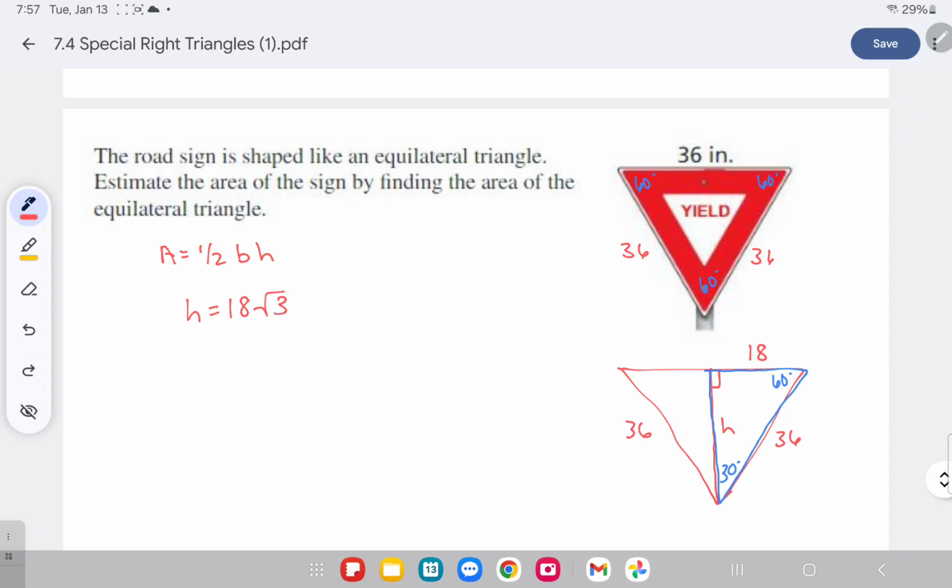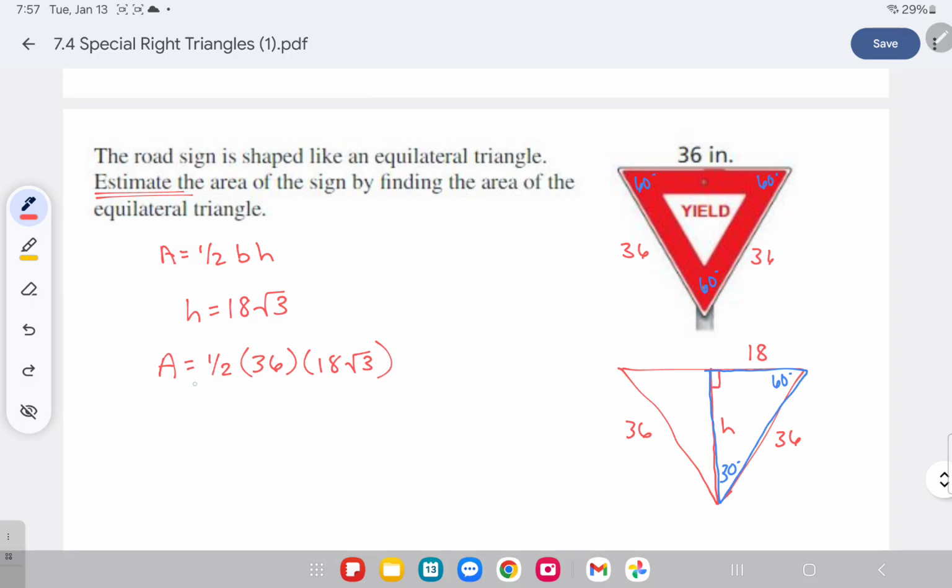Because it says the word estimate, when we go to find the area, you could actually type in 18 root 3 on your calculator and get what that decimal is. I don't know what that is off the top of my head. So I'm just going to give the exact answer. Our base was 36. Our height is 18 root 3.